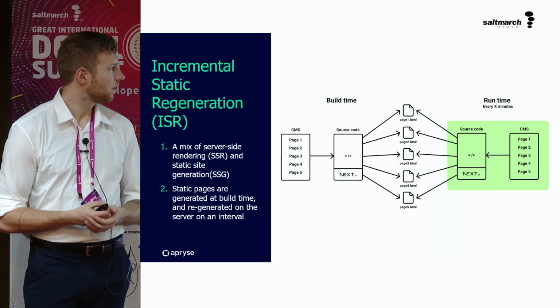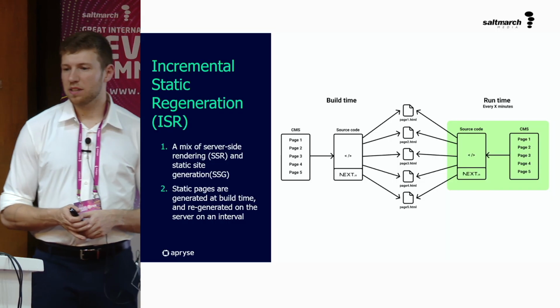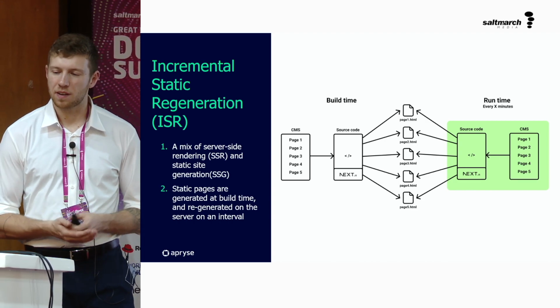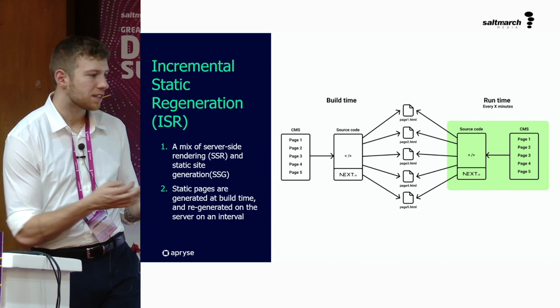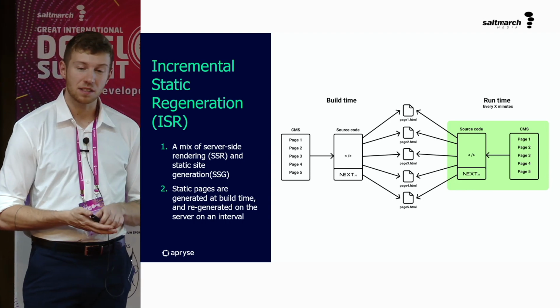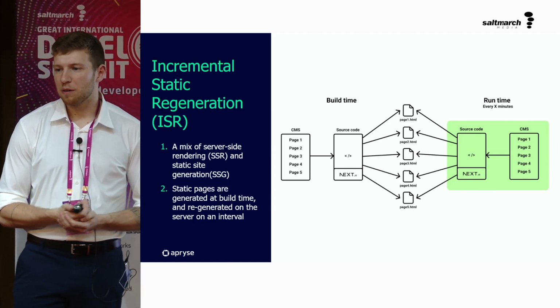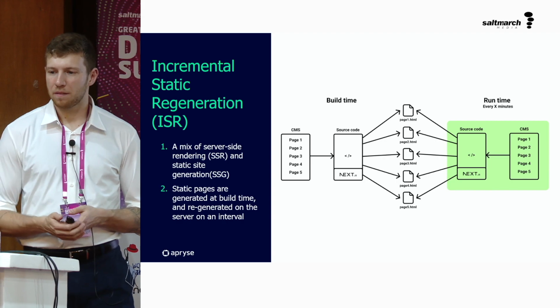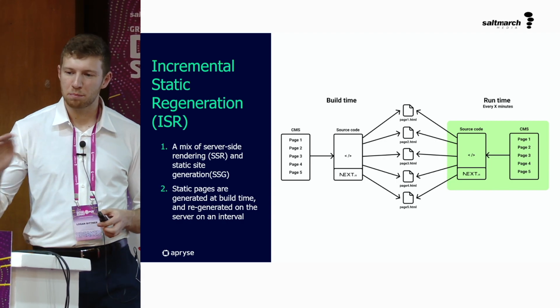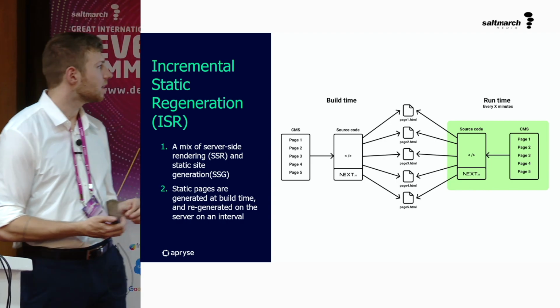So ISR is kind of a mix of server-side rendering and static site generation. So we do have a traditional build step where we're generating an HTML file per page in our CMS, and each HTML file does contain content. But what's cool now is at runtime, we have a Next.js server running that's rebuilding these assets on a given interval.